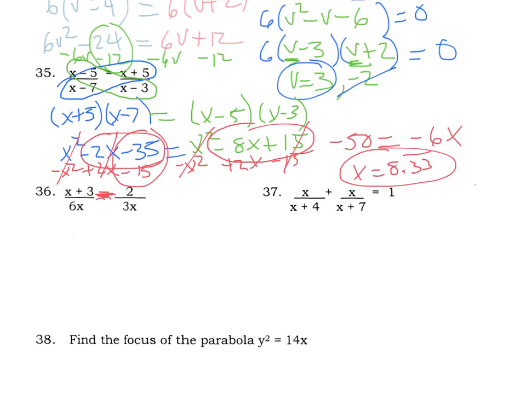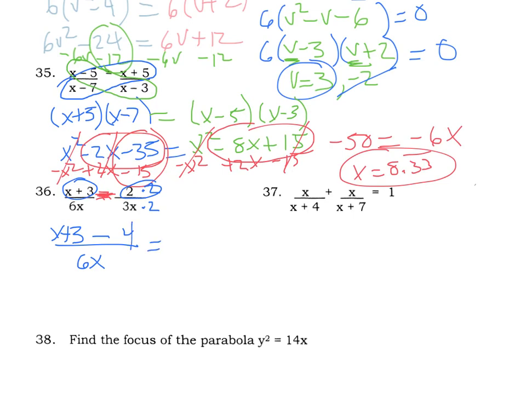Well, I could make this denominator common simply by multiplying this fraction by 2. See, I could turn a 3x into a 6x. And if I did that, I would have 6x as my common denominator, and I have the first numerator, x plus 3, and I'm going to minus, well, don't forget, this is multiplied by 2, minus 4.